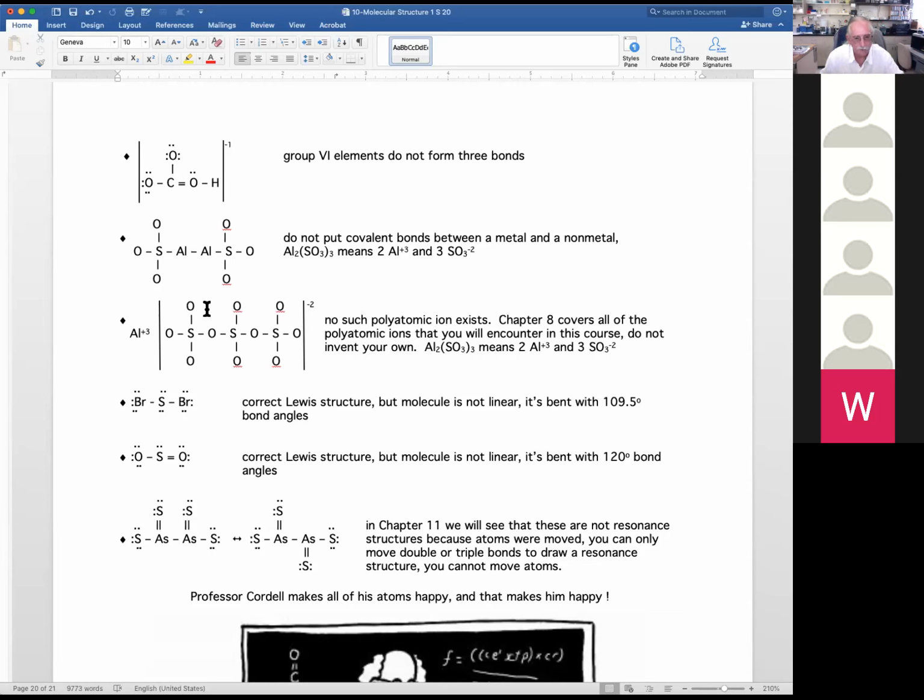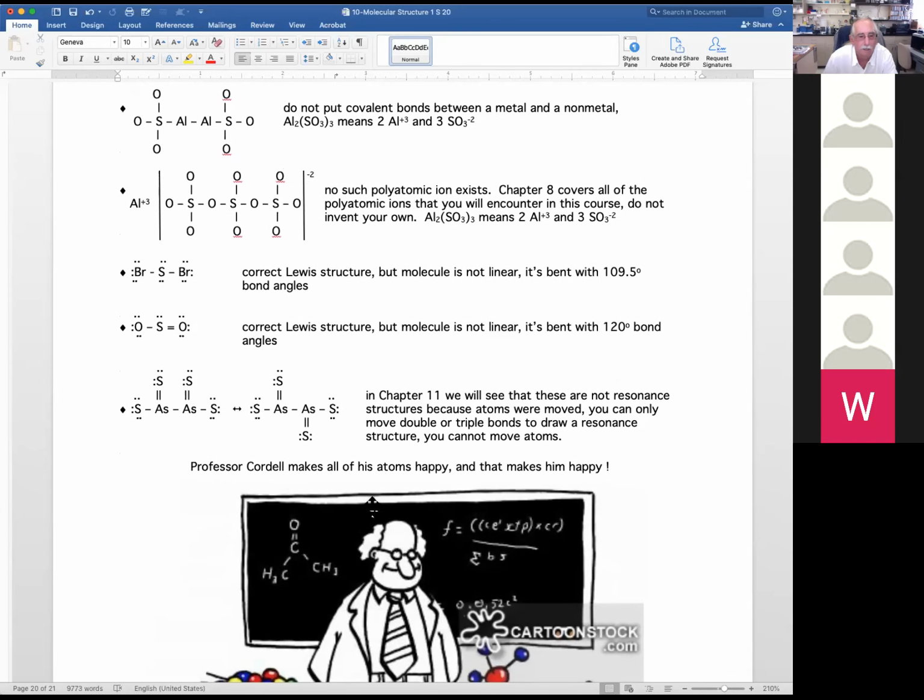And then when we get to chapter 11, we're going to be looking at resonance structures. In resonance structures, you're moving electrons into double bonds and you're putting them into different places between different atoms. So here's that situation.